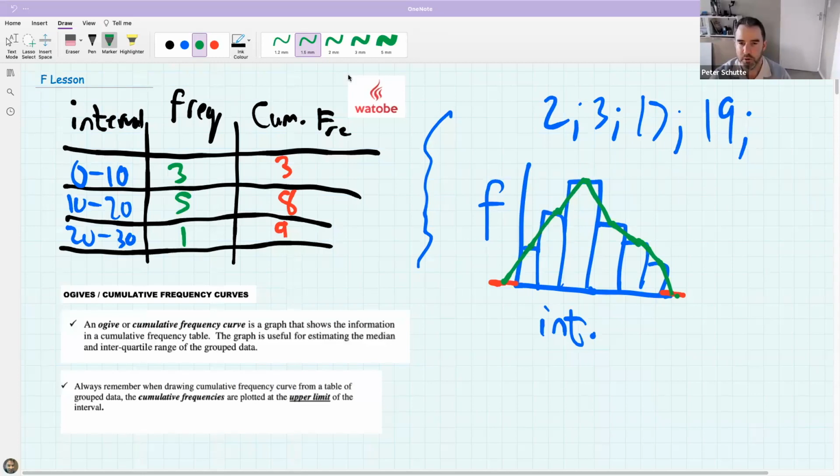Again, it has the frequency on the vertical axis. Give me a thumbs up if you remember the histogram and the frequency polygon from the last lesson.